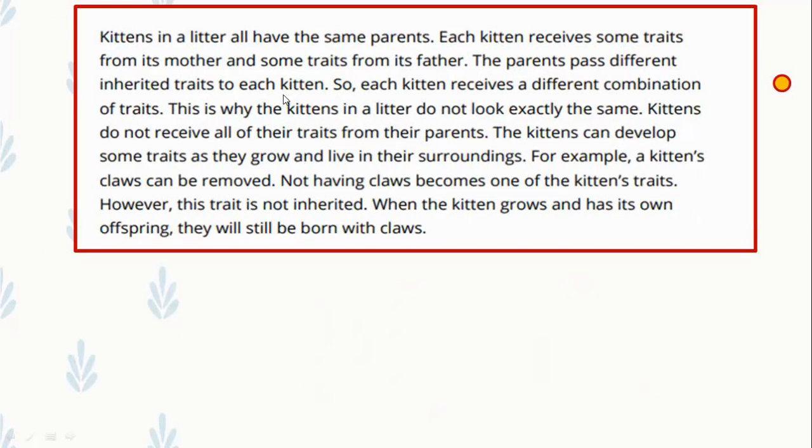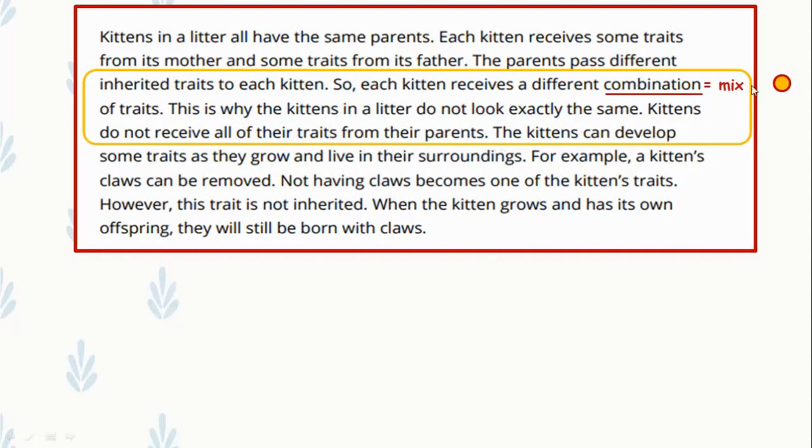So the parents give some of the kittens some traits such as the fur color, and for other kittens, they give them other traits such as the eye color. So each kitten receives a different combination, or a different mix, of traits. This is why the kittens in a litter do not look exactly the same. Kittens do not receive all of their traits from their parents.